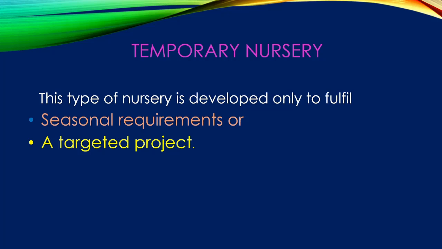In some seasons, some plants are required in large quantities. So, this type of nurseries fulfill those requirements and they are also established to meet the requirements of a targeted project. For supplying the planting material required for that project, this type of nurseries are established.